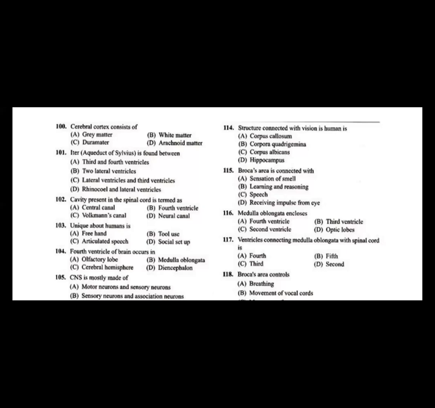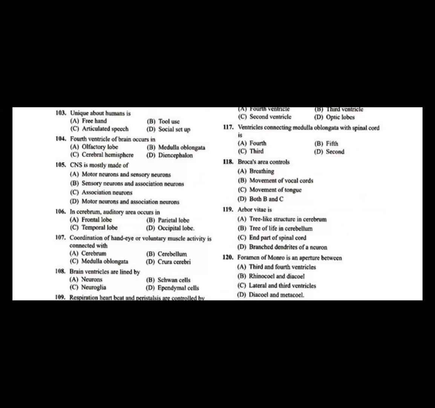Now question number 103, unique about humans is articulated speech. Humans are capable of joining words together to make sentences, which we call articulated speech, the unique character of humans.